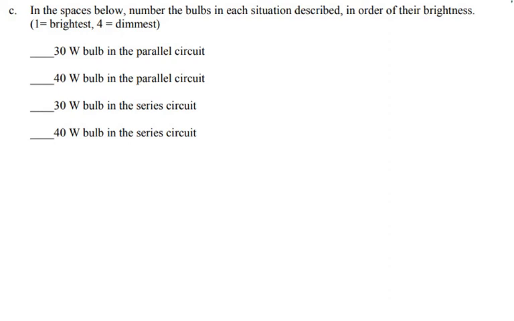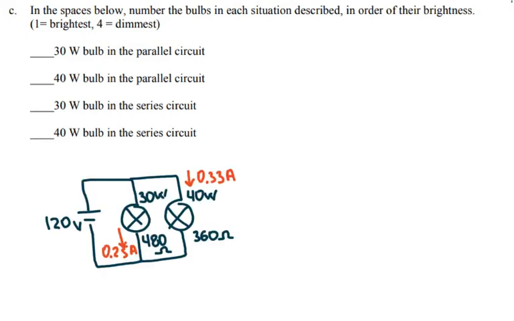For the next question, they ask you, in the spaces below, number the bulbs in each situation described in order of their brightness. 1 is the brightest and 4 is the dimmest. I'm going to calculate the power on each resistor. When they're connected in parallel, their power is already given, which is how we found their currents.